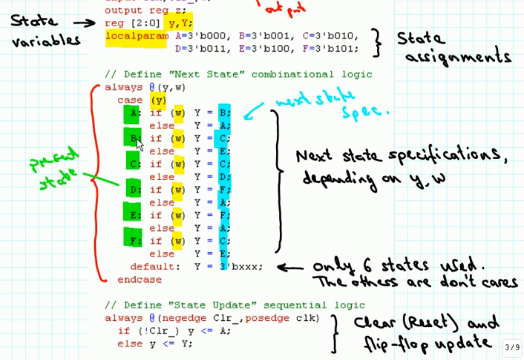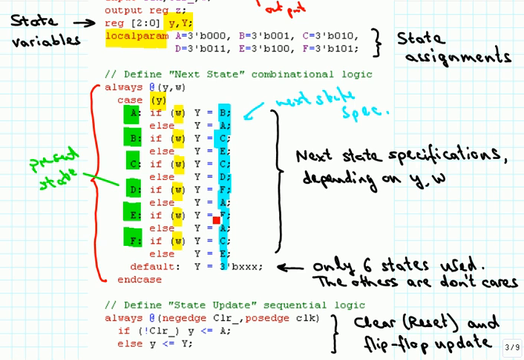If you are in state B and W is 1, then we move on to state C. If you are in state C and W is 0, then we go into state D, and in state D, a little bit later on, we will see that then an output equal to 1 is being asserted. So we just simply have to go through and enumerate all the possible present states, and then write in terms of an if-else statement here what's happening if W is either 0 or 1, and then specify what the next state is going to be. So this does not yet make the next state happen. This is only just a specification of the next state.